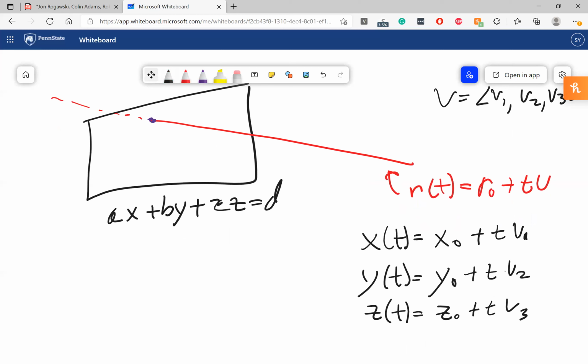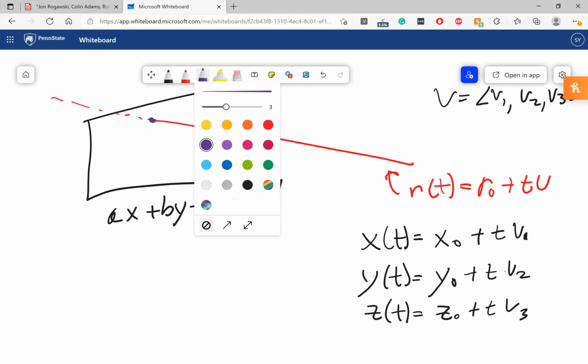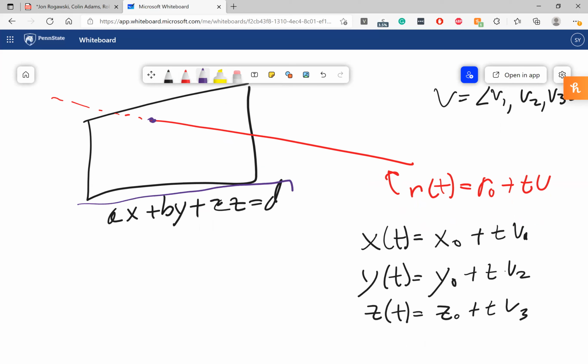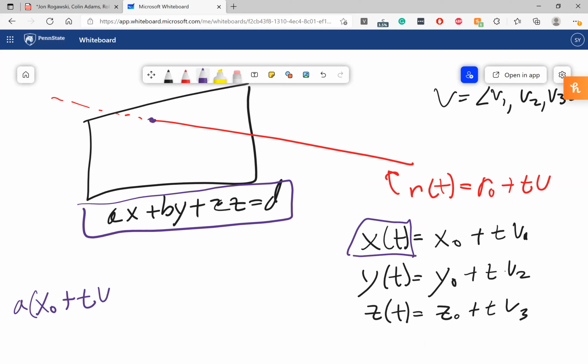And now, if these two intersect, what that in essence means is if I take this equation and for my x, I plug in x(t). So I get a times x0 plus tv1.